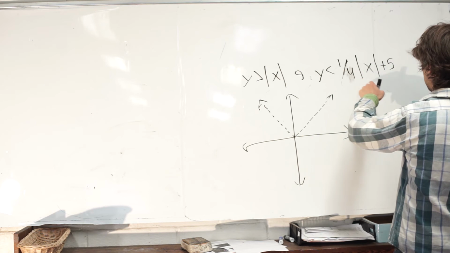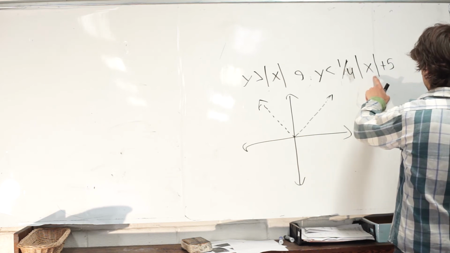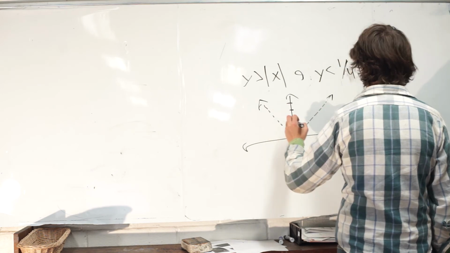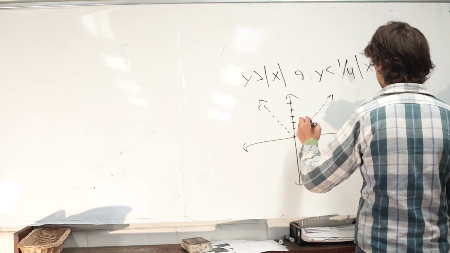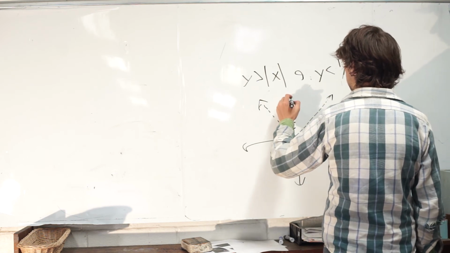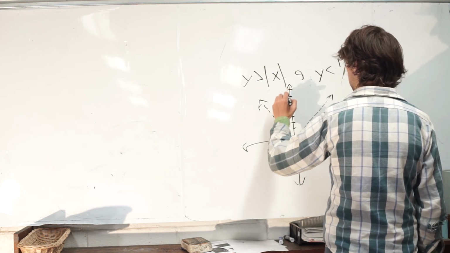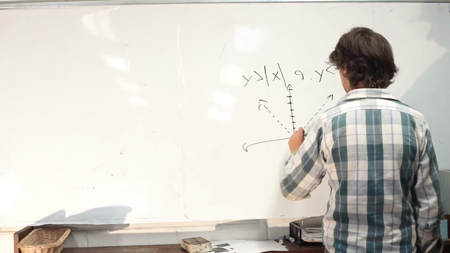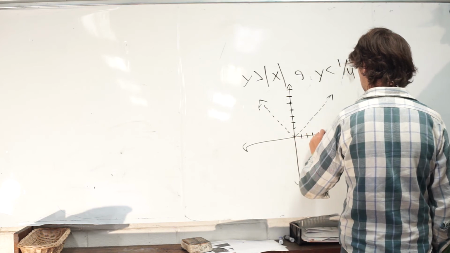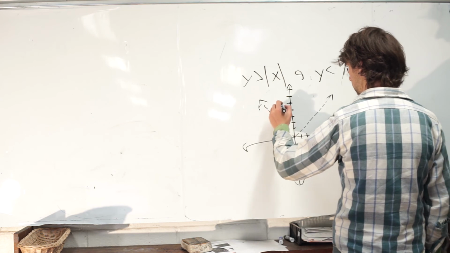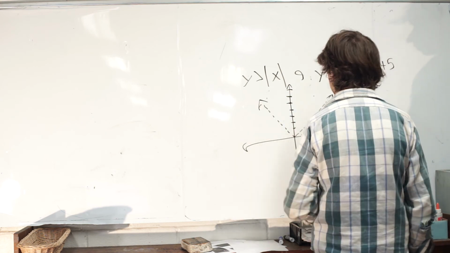Now I'm going to go 0, 5, up 5, 1, 2, 3, 4, 5, and my slope is 1/4. So I'm going to go from here, up 1 over 4. That's like here, and here.